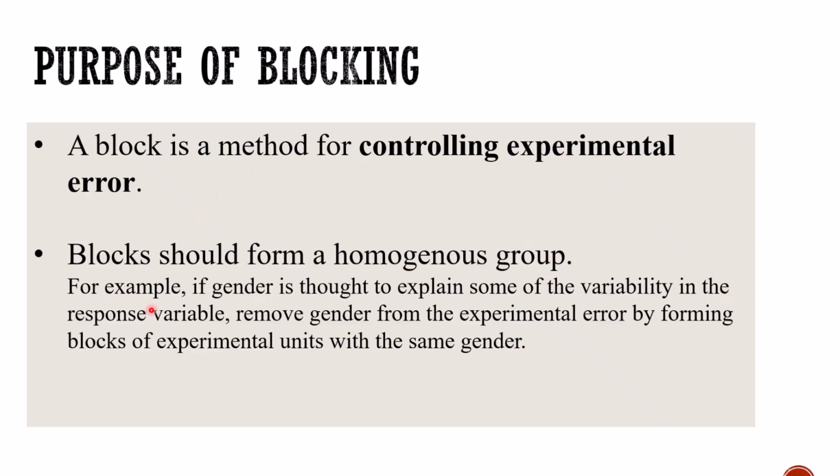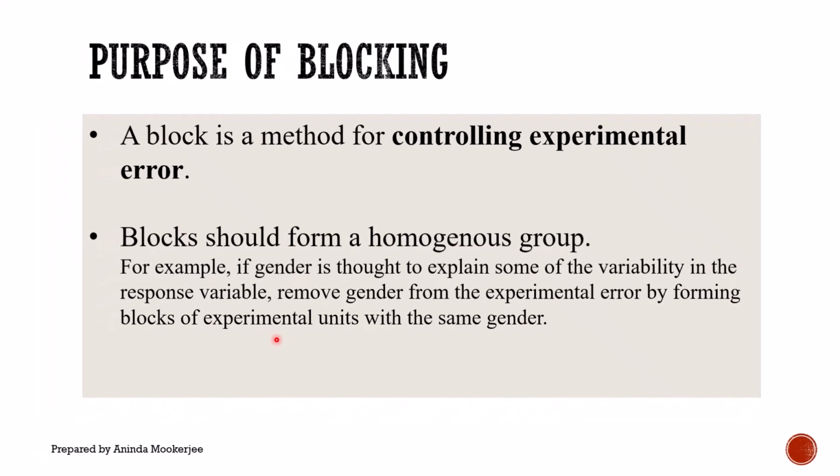For example, if gender is thought to explain some of the variability in the response variable, remove gender from the experimental error by forming blocks of experimental units with the same gender. So one block would be a group of male and the other one would be a group of female. So we have separated our subjects into male and female, and then we will go ahead and conduct the same experiment on each of those blocks.